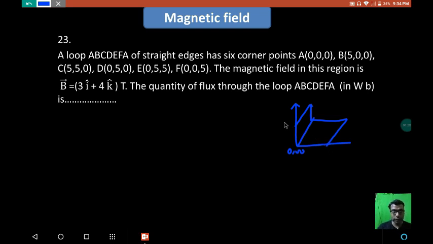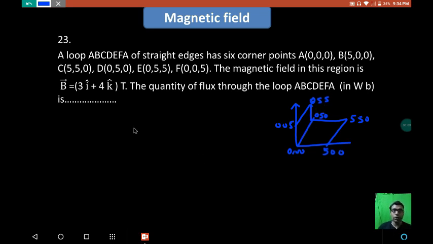So here it is 0 0 5, this is 5 0 0, this is 5 5 0, and this is 0 5 0, and this is 0 5 5. So these are the x, y and z coordinates.